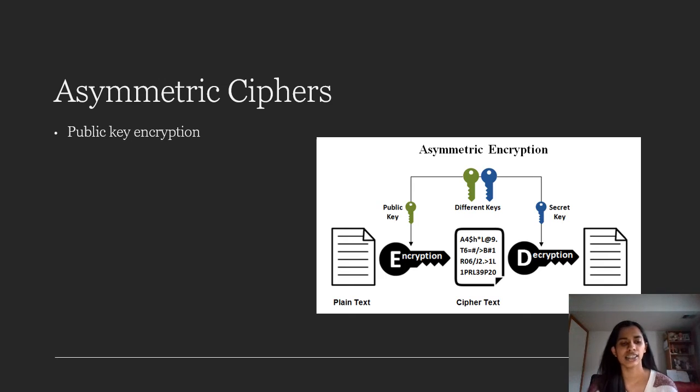And this is asymmetric. Asymmetric is also known as public key encryption, and it is often used with prime numbers to create keys, since it's difficult to factor large prime numbers and reverse engineer the encryption.